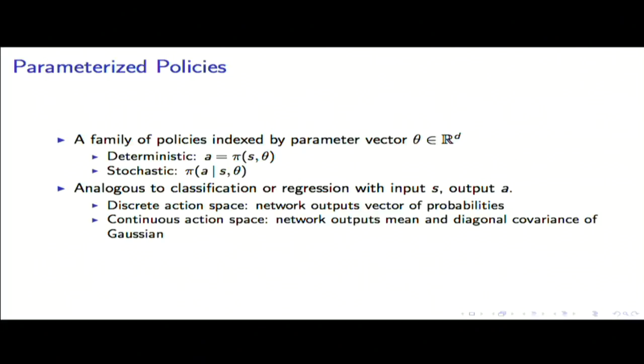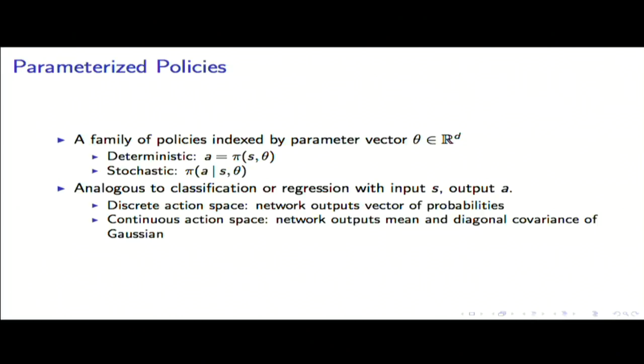For deterministic policies, you can do something pretty similar where you just take the argmax. Instead of outputting a probability distribution, you take the action that has the maximal output. Similarly, if you're solving a reinforcement learning problem with a continuous action space, you can use the same kind of networks you would use for regression.